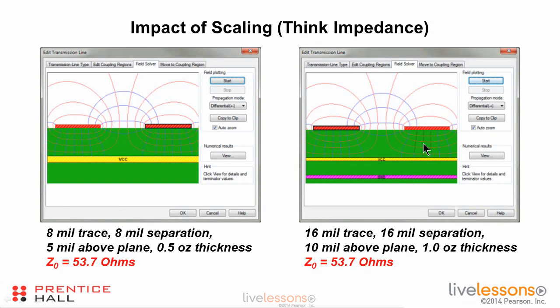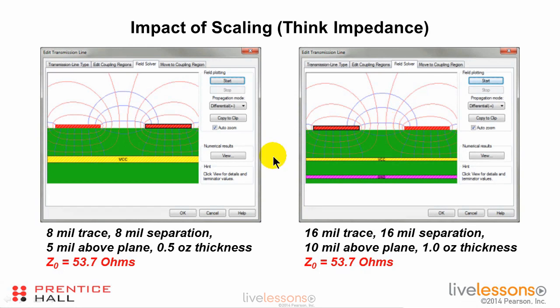Interestingly enough, the impedance of the traces is the same in both cases too, which illustrates that the impedance of the trace is not so much determined by the dimensions of the trace, it's determined by the distribution of the electromagnetic field. If we scale everything up from here to here, we don't change the electromagnetic field, therefore we don't change the impedance.